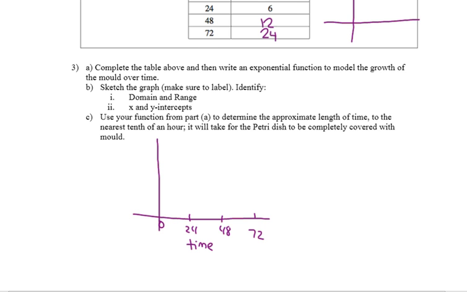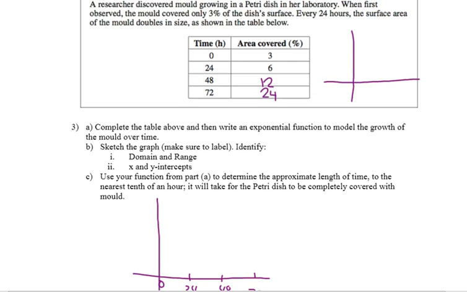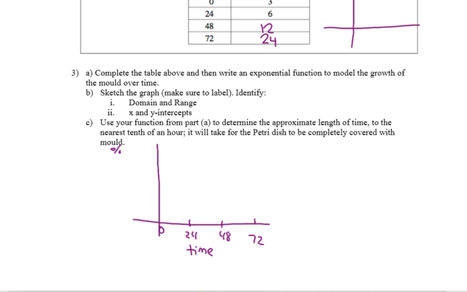Okay, and then here our percent is 3, 6. Okay, so percent always goes up to 100%, right? 10, 20, 30, 40, 50, 60, 70, 80%. Roughly. So we're just doing a rough sketch.